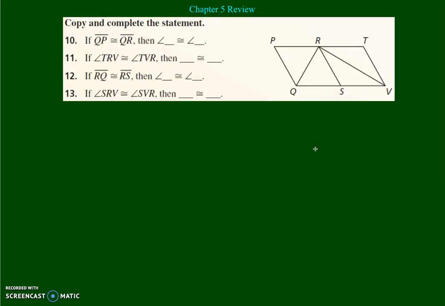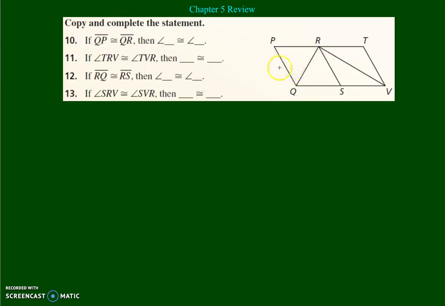In problems 10 through 13, we're using this picture to show these statements. It says, copy and complete the statement. If segment QP is congruent to QR, so that's this segment and this segment, then which angles are congruent?